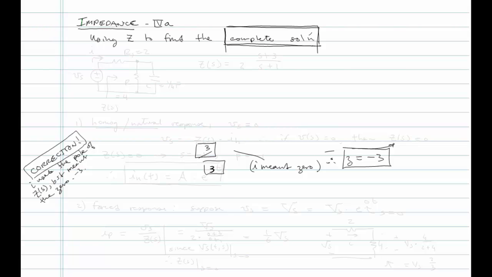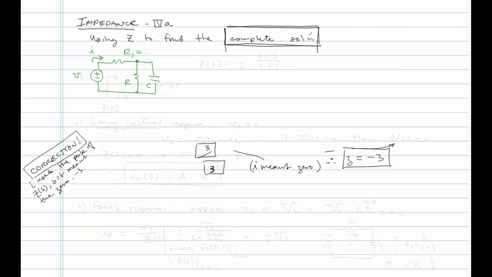Okay, in this short lecture we're going to return to our RC circuit, and we're going to use impedance to find the complete solution, in this case for the current flowing in here.